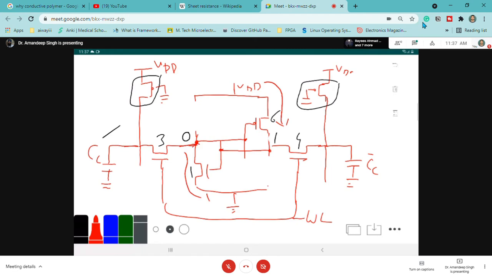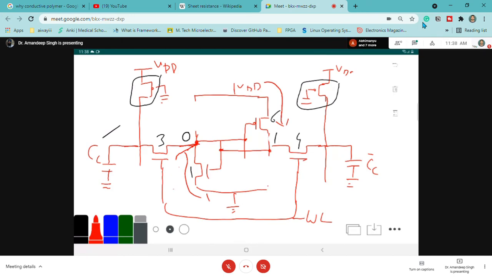Now at this node, there is a capacitance node, which is basically a parasitic capacitance node. We are not storing the data on the parasitic capacitance, because it is basically a cross-coupled inverter, but still there is a parasitic capacitance here.